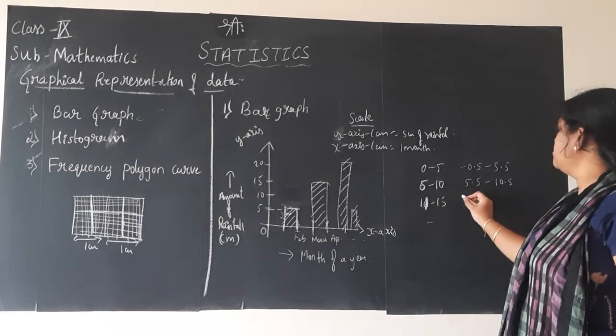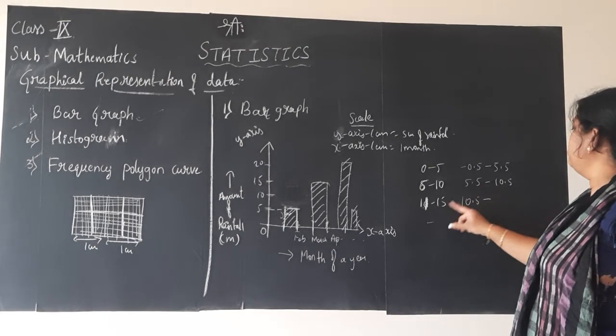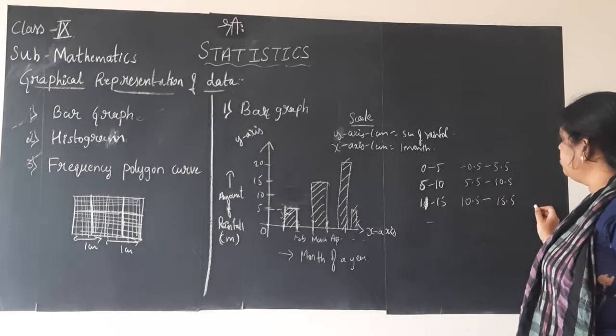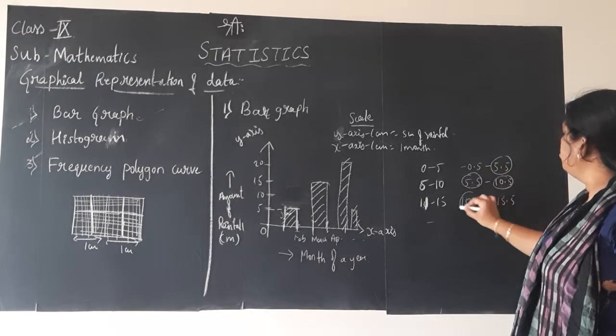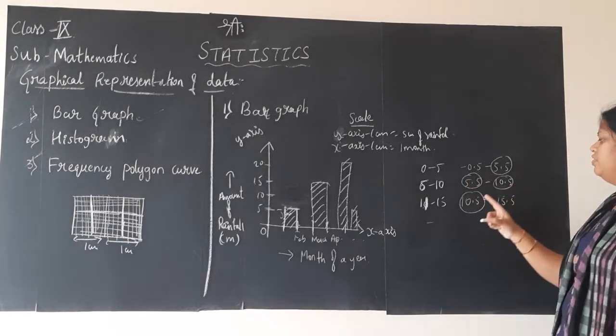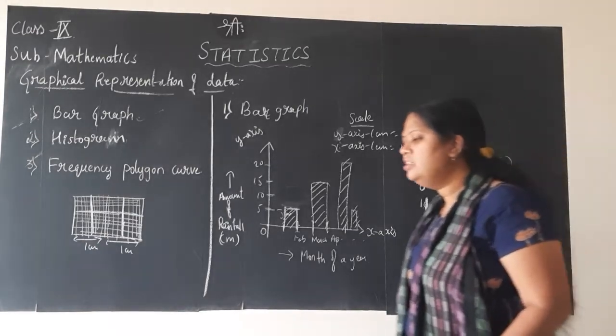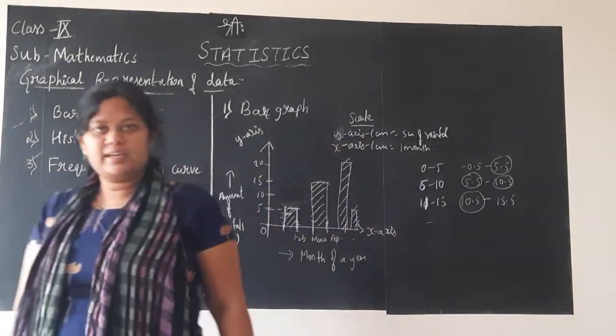Again 11 minus 0.5 is 10.5 to 15 plus 0.5 is 15.5. Like this, the values should overlap, children: 5.5, 5.5, 10.5, 10.5. You have learned this as a continuous distribution of data, isn't it?